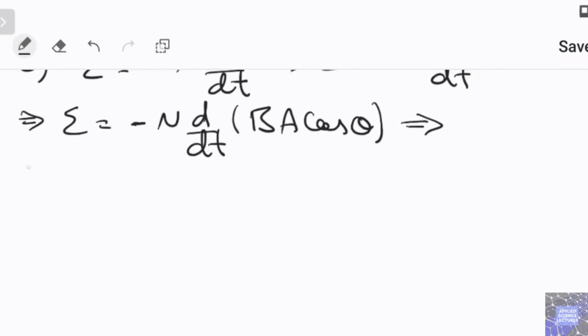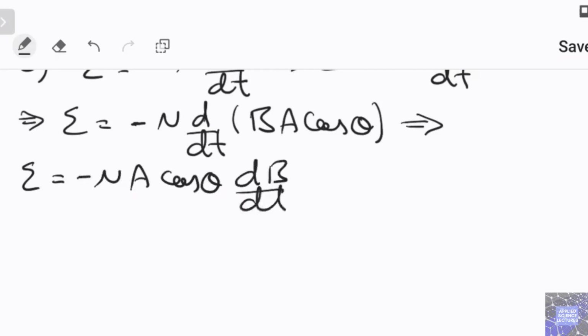Then it equals minus N A cosine theta, which goes outside, dB over dt, which is time dependent.